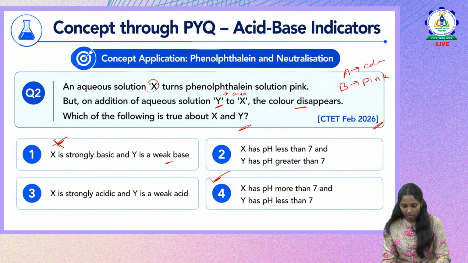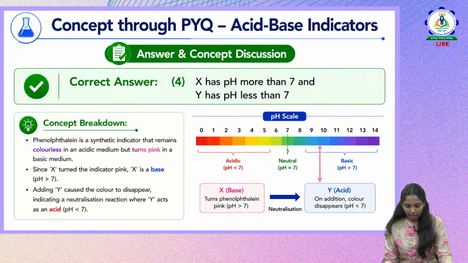If you see here again the same explanation is given. X turned the indicator pink, means it is a base, right? So we have finalized it was a base. Then again by adding Y, the color disappeared, indicating Y was an acid.